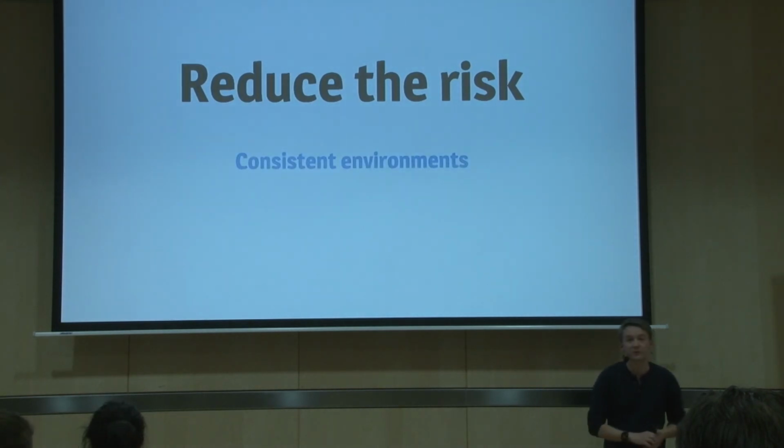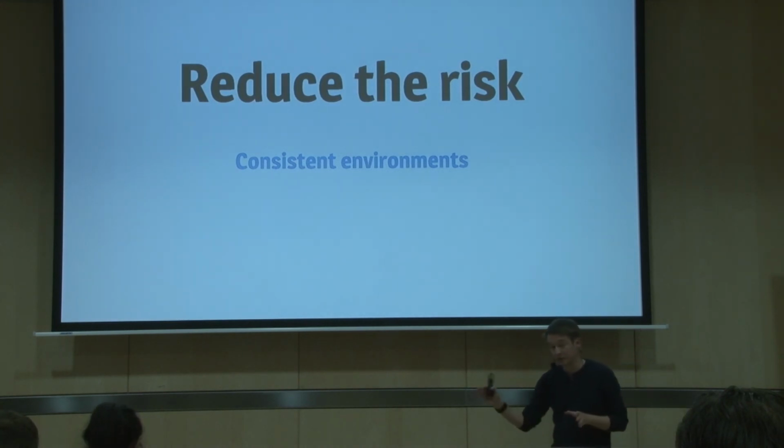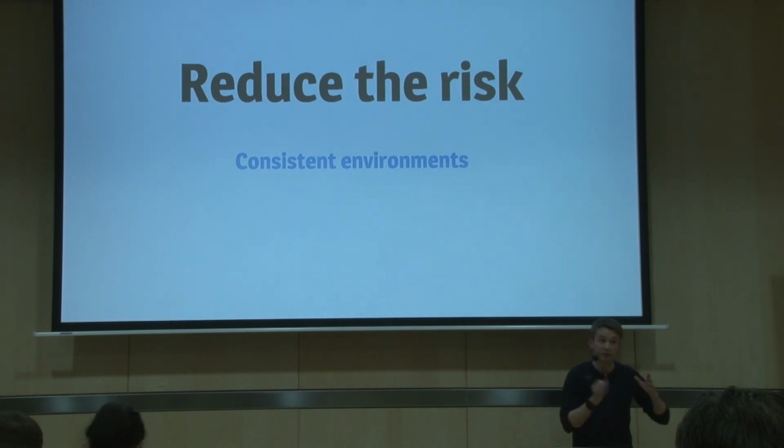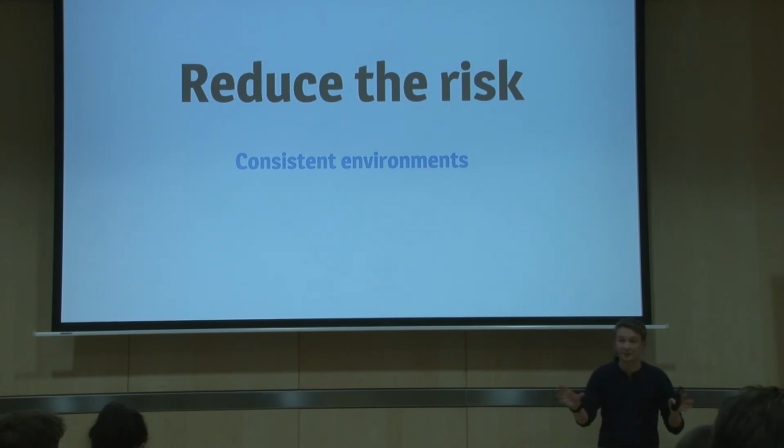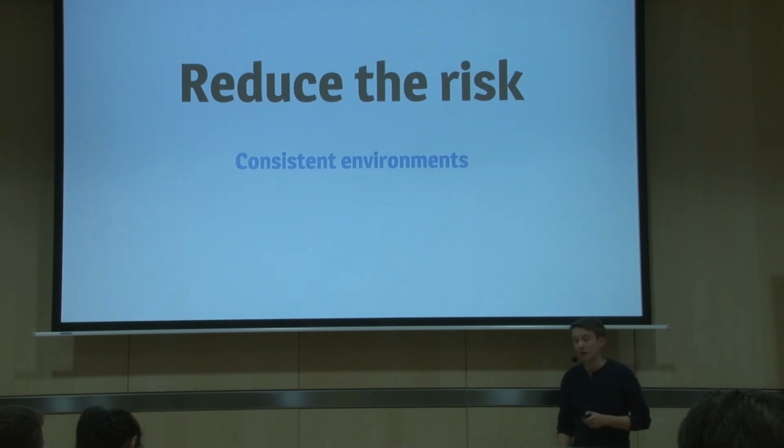Try and get into a place where you've got consistent environments. If your staging environment is exactly the same as production, I'm talking software, operating systems, hardware, but also things like data, particularly, which often gets neglected. If you've got exactly the same stuff running in both, and it really works in staging, then you can have really good confidence it's going to work in production.